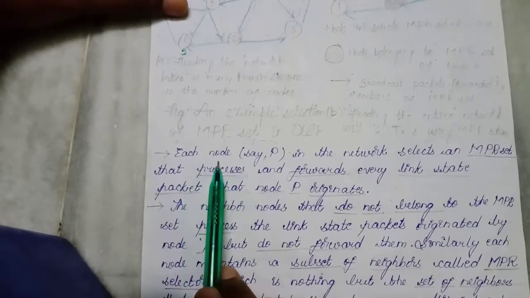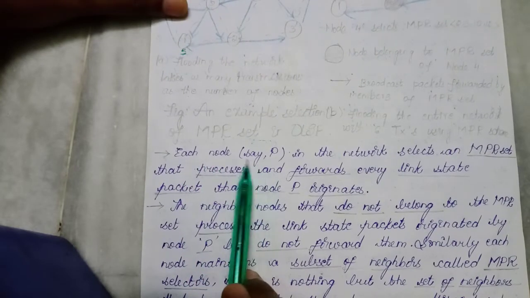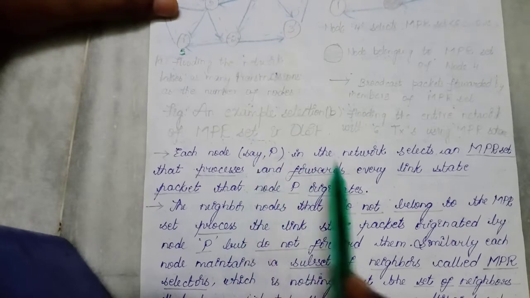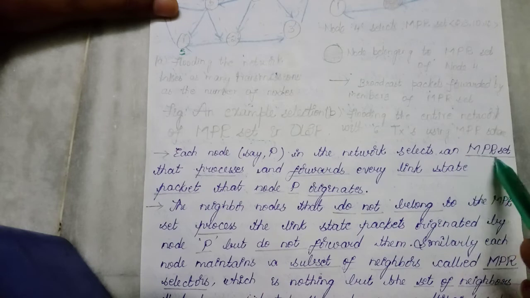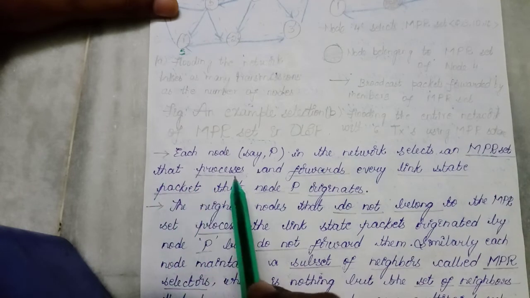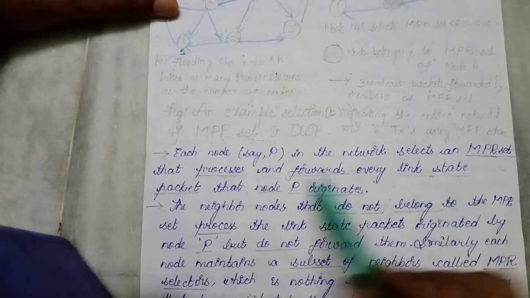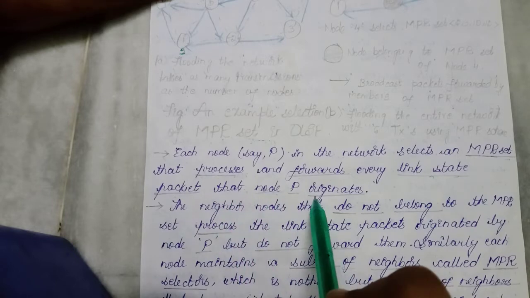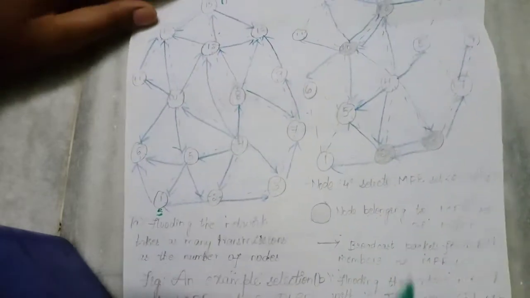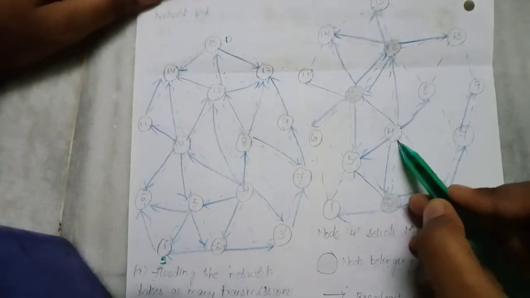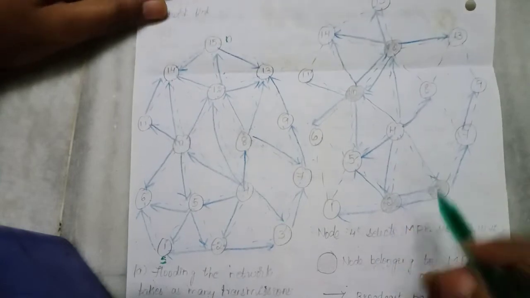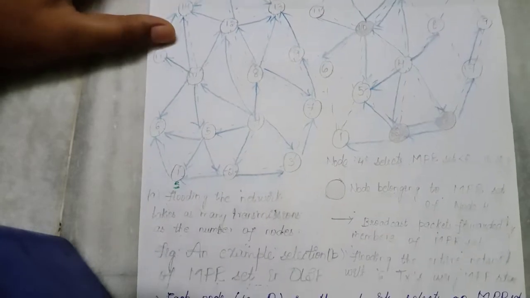Next point, each node, say P, just say a random node P in the network, selects an MPR set, means multi-point relaying set, that processes and forwards every link state packet that node P originates. For example, here let us select this node 4 as the node P. I have told you, each node P in the network selects an MPR set.